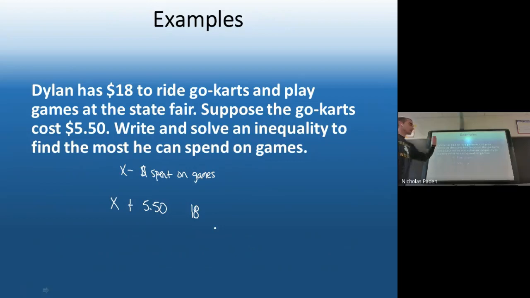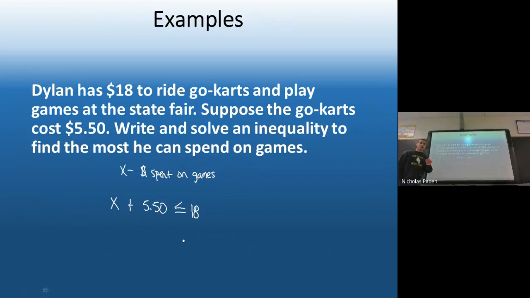Think about if he has $18 to spend. Can he spend exactly $18? Yes. Can he spend more than 18? No, he can spend less than 18 though. So it's going to be less than or equal to, because he can spend less than 18 and still be fine. He can spend exactly 18, but he can't spend more than. So that would be our inequality.